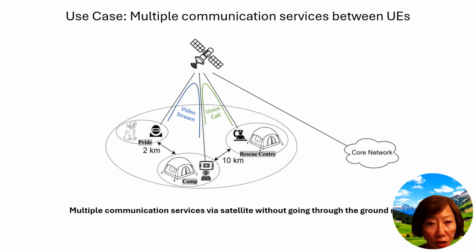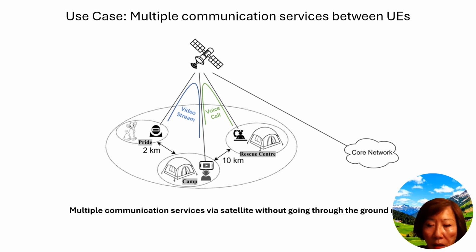For the different kinds of devices, there's a camera icon near the Pride for wildlife observation. We also have a display device at the camp location for receiving video feeds, and communication equipment at the rescue center for voice calls. So the scenario is like this.